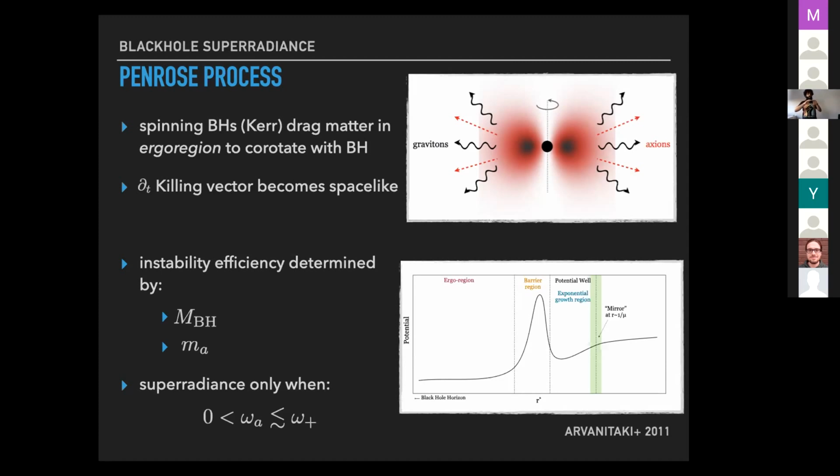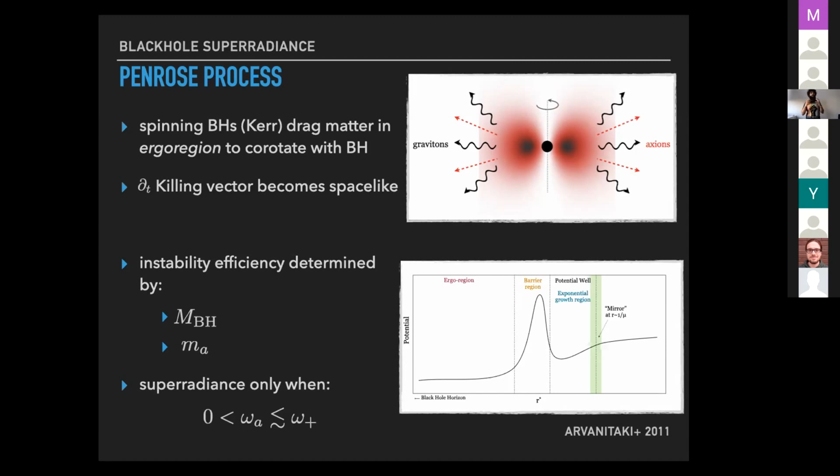Now, because we're considering bosonic fields, they can essentially reside in degenerate energy levels. And so what happens is, in principle, you can form a kind of gravitational atom around a black hole. The fine structure constant of our gravitational atom now determines the efficiency of the instability.